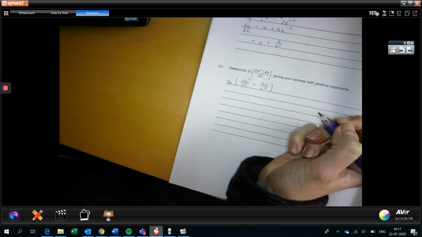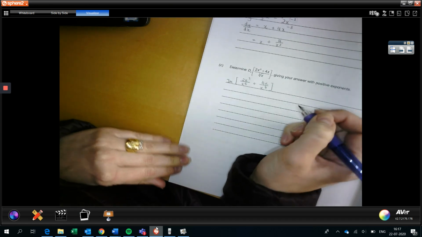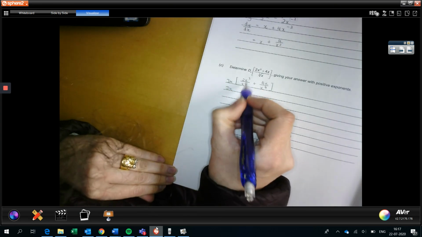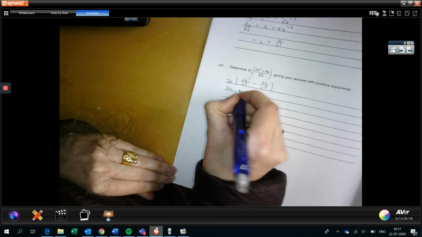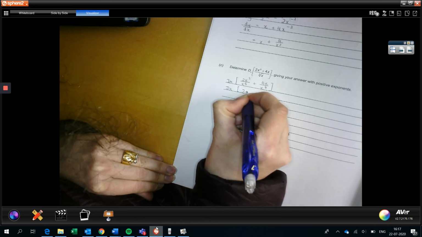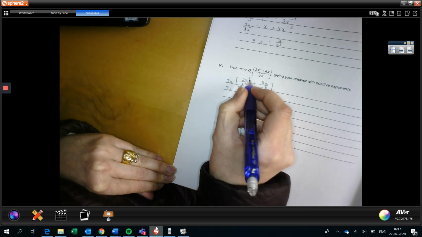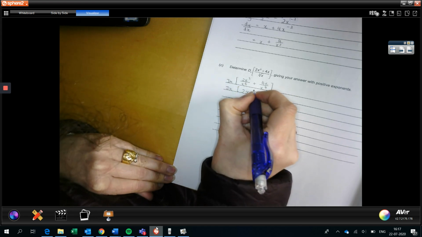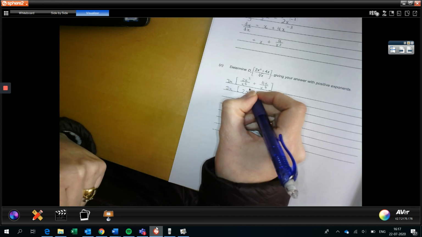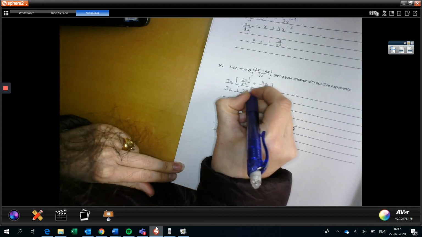Remember, the 5th root of x is the same as x to the power of 1/5. Still not ready for differentiation. When I divide powers with the same base, I keep my base and I subtract my exponents. So this is 2x, and we want 3 minus 1/3. And 3 minus 1/3 is 2 2/3, which is 7 over 3.